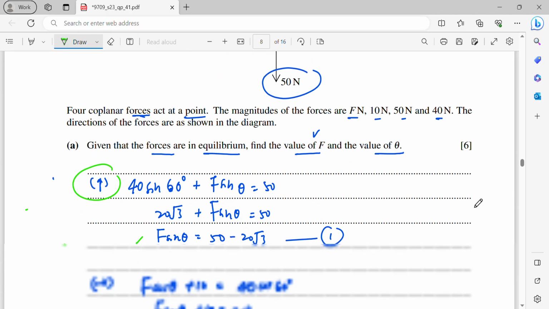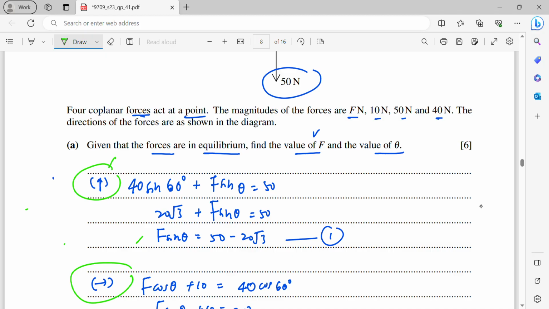Okay, very simple, because just now I let it be upwards, for the total upwards force, I will just move the 50 to the left hand side. Then for the horizontal force, I will just move this 40 to the left hand side. That will be my force.